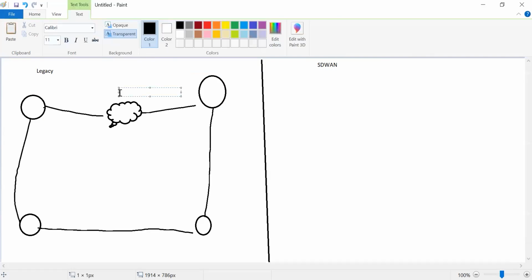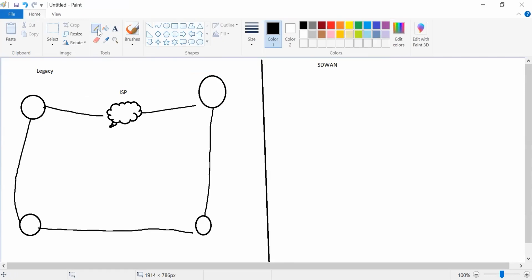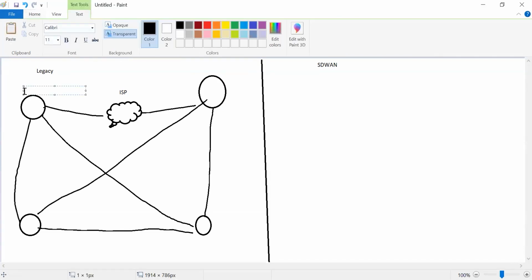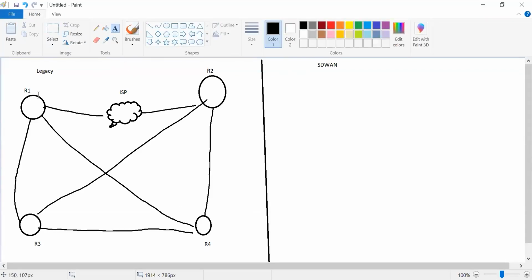It is quite possible to have this topology. If we talk about the control plane, when you have point-to-point links, you may have this kind of topology. Let's say router 1, router 2, and router 4. Now R1 needs to run some sort of routing, be it static in case we have a smaller number of routes.